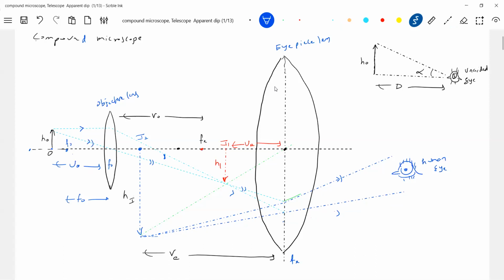So this is that beta, which I'll define. And there's a core diagram.